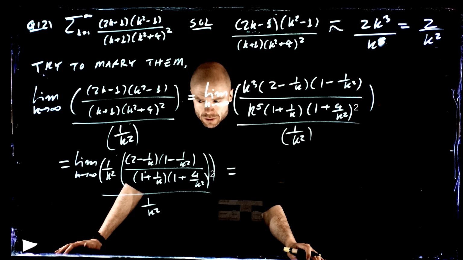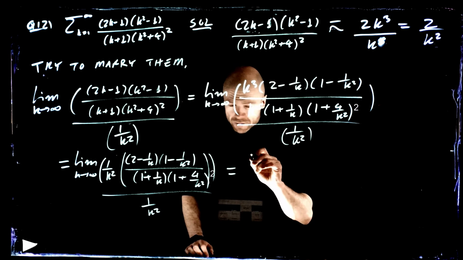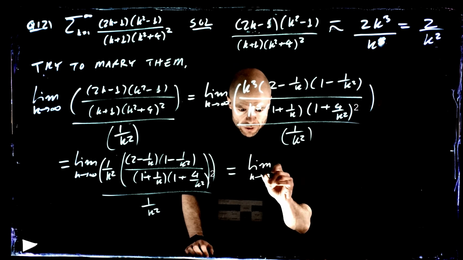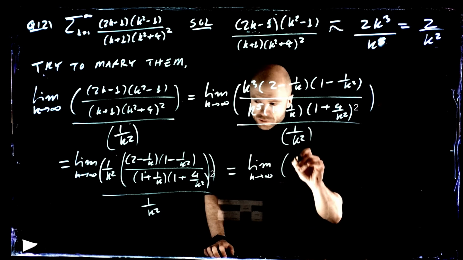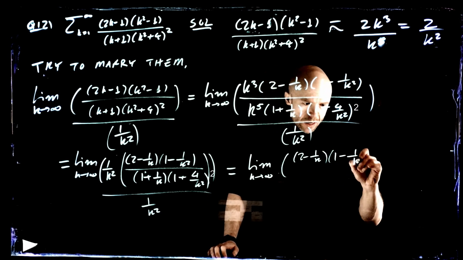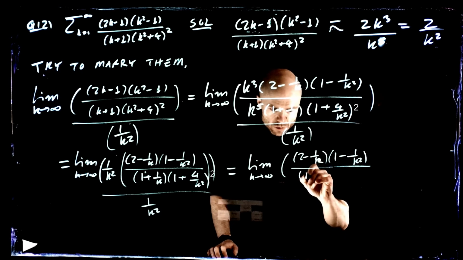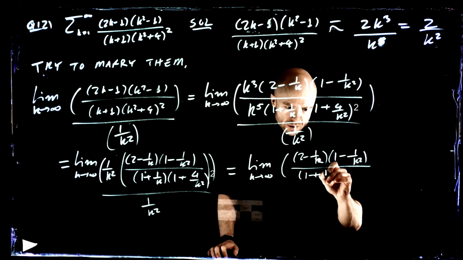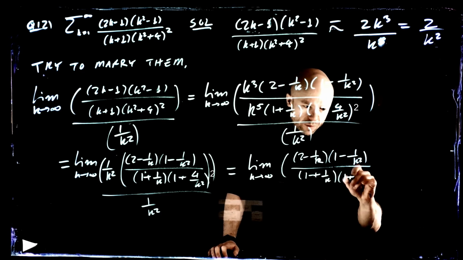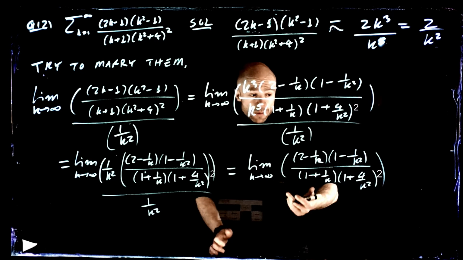So then I cancel the 1 over k squared from top and bottom, and then what do I have? I have the limit as k tends to infinity of 2 minus 1 over k, 1 minus 1 over k squared, and then I have 1 plus 1 over k, and 1 plus 4 over k squared. Then I take the limit, right?